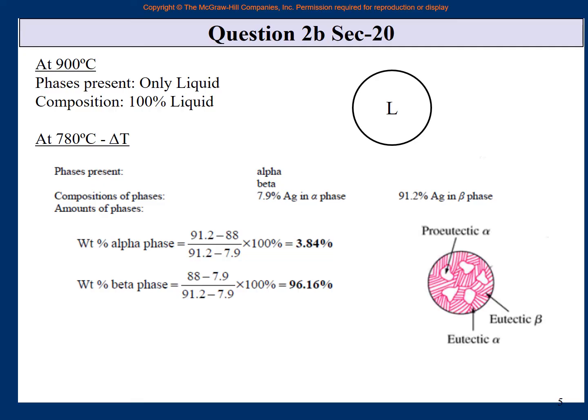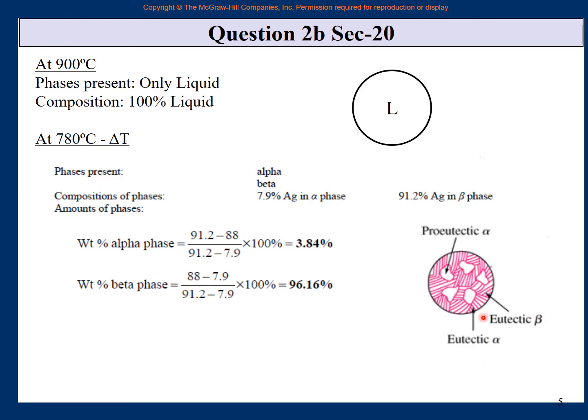And finally, you see above this temperature, above 780, whatever alpha you are forming is pro-eutectic alpha. And then just as it hits 780 and below that, the remaining liquid changes into alpha plus beta, and this is eutectic alpha and eutectic beta.